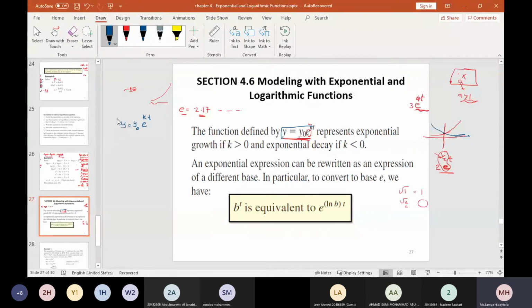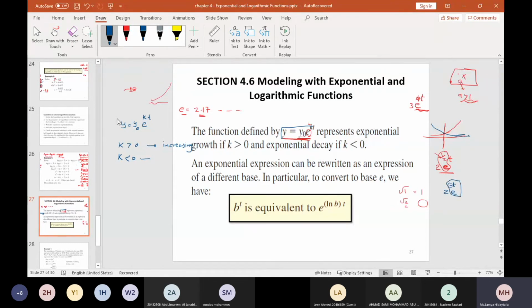It is increasing if k is greater than 0, that is, an increasing function. But if k is less than 0, it will be a decreasing function. For example, if we have 2e to the power minus 1 t, that is minus t. We said, what is the meaning of this minus sign?